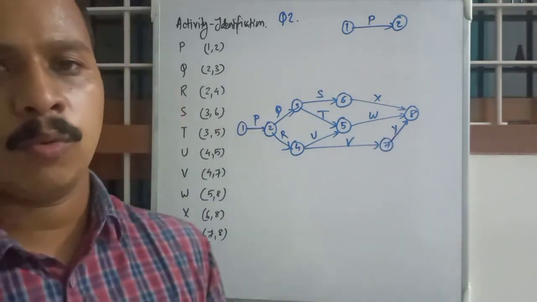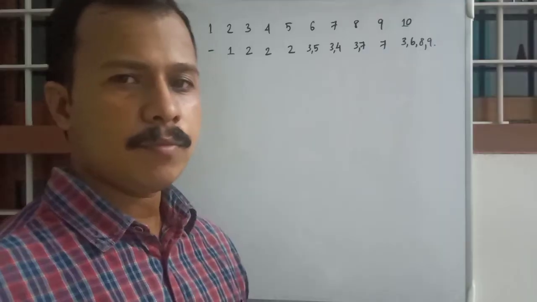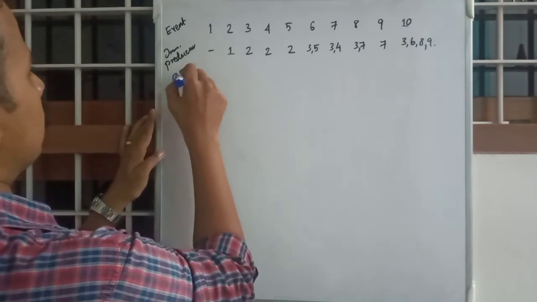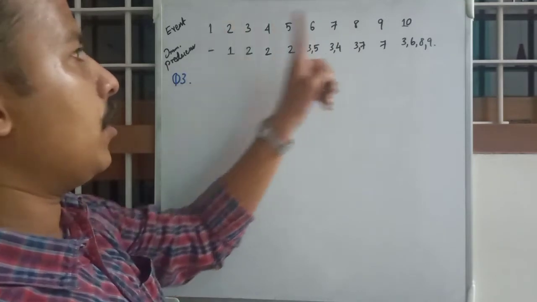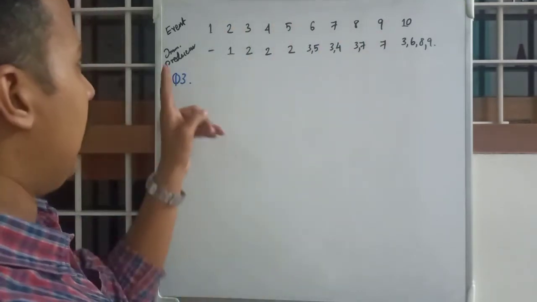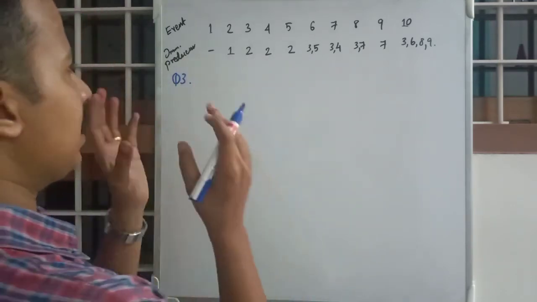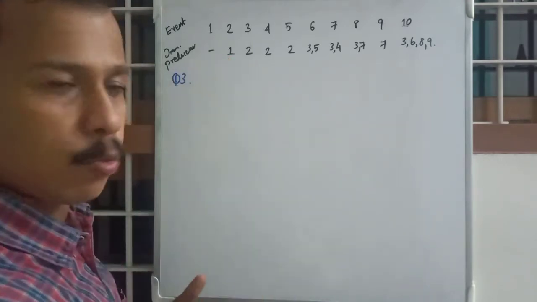So moving on to the next question. This is the third question, and we have a row of events from 1 to 10. There are 10 events, and we have a list of immediate predecessors. These predecessors are the ones which will be just previous to this number.